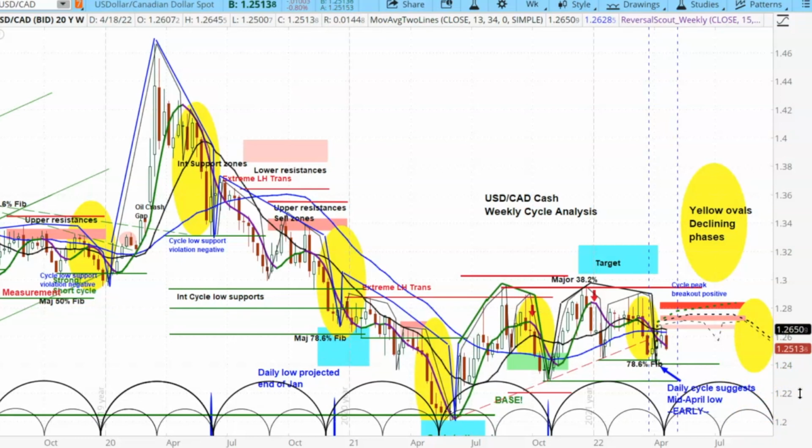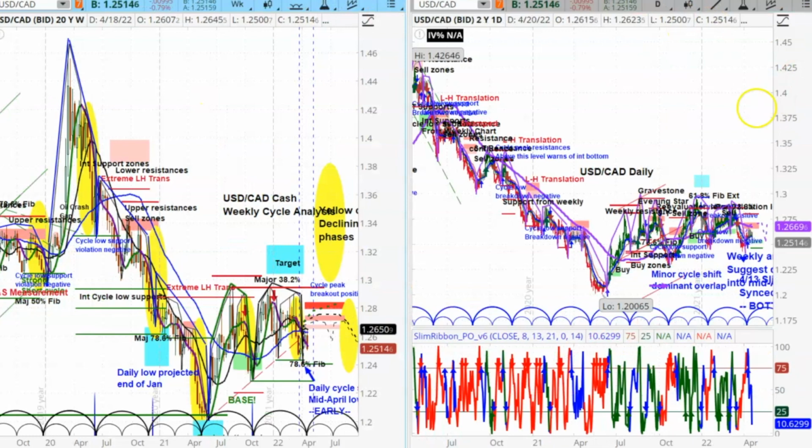So you can see how that sets up, and now it's looking like the consolidation probably ended when you broke underneath that VTL right there. And that is a bad sign, and likely means that it's going to fail in these resistance areas. So that sets up what could be a very big short side trade in the dollar versus the Canadian.